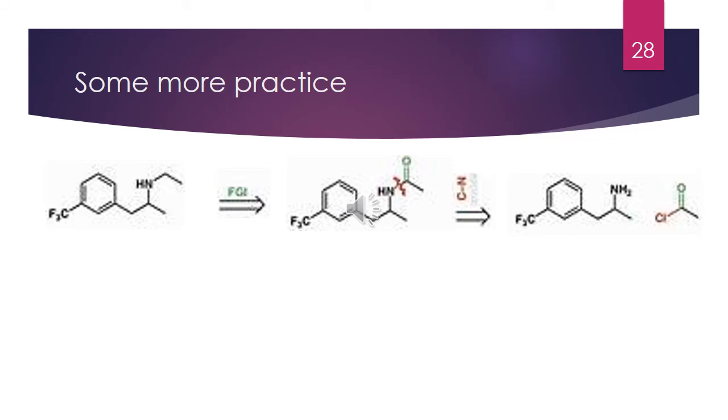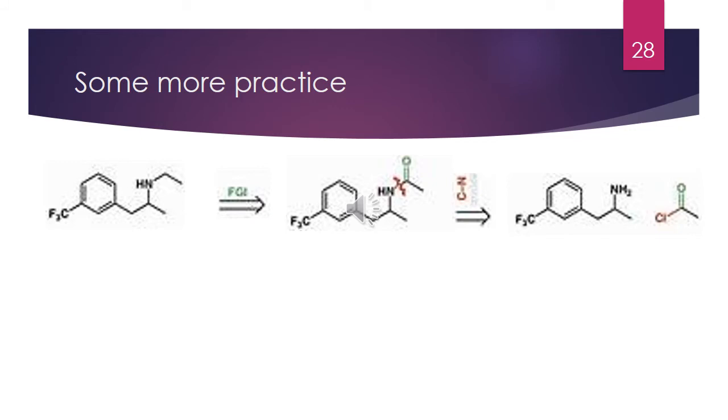If we have an acetyl group attached to nitrogen, the simple disconnection will be to disconnect the nitrogen and the carbonyl group. In this way we will get a positive charge on the carbon and negative charge on nitrogen. Now you can easily see that we have an acetyl group and a nitrogen group.